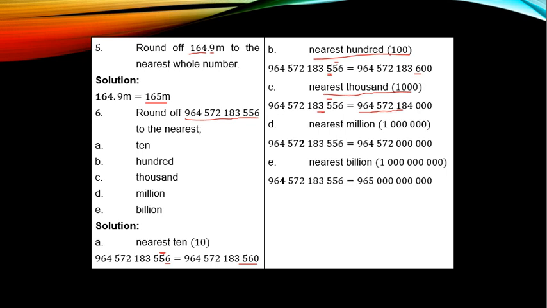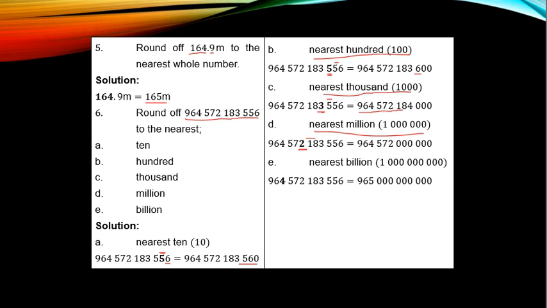Okay. D, nearest million. Million is 7 digits but 6 zeros. So you ask yourself, in the number, which of the digits is taking the position of million? That is 2. After 2, the next number is 1. 1 falls in the category of rounding down to 0.